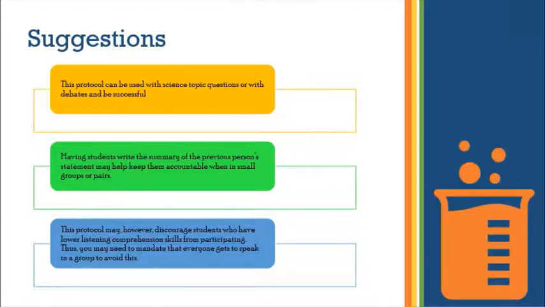So even though it's Paraphrase Passport when you need to orally speak up, it is also suggested that if students write the summary of the previous person's statement, it also helps them to better understand and paraphrase the whole class discussion.